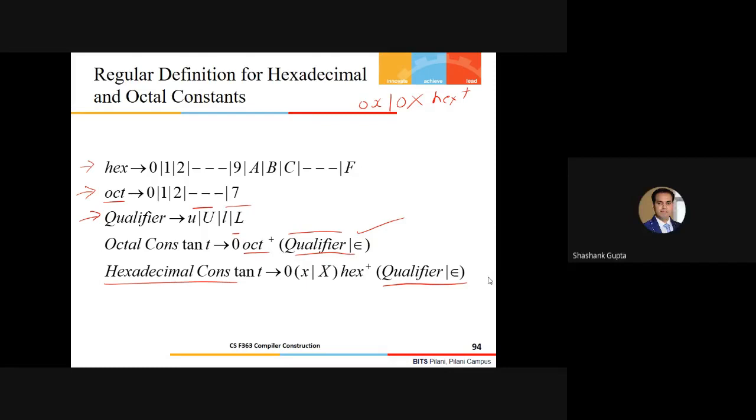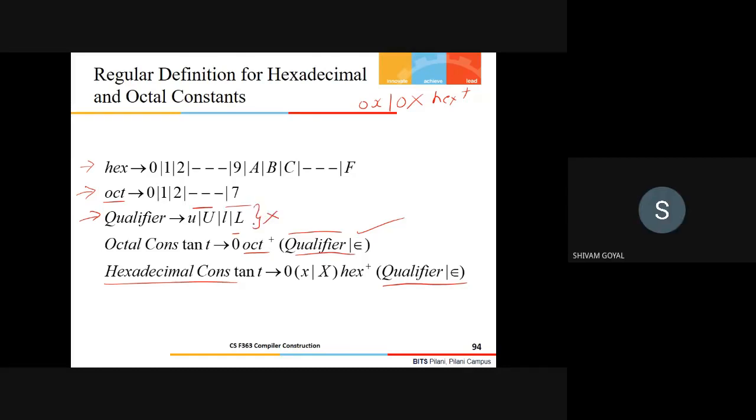Excuse me, sir. Yes. Sir, can't we use two qualifiers for a number, like unsigned also and long also? I mean, two qualifiers. What do you mean by this? So, for example, I'm writing an octal constant like 0123 and then capital U, capital L. Right. We can. So this is just the optional part. This is what you are saying? Yes, sir.